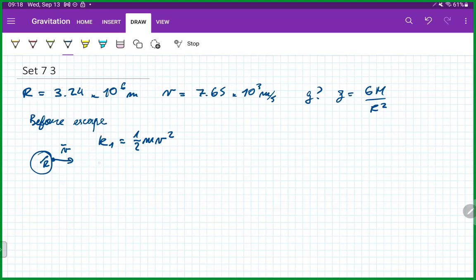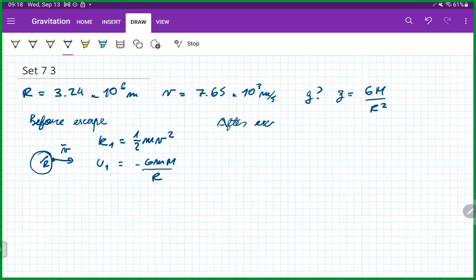And our potential energy will be minus G, small m, the mass of the object, let's call it a rocket, times big M divided by R, because we are on the surface of a planet.